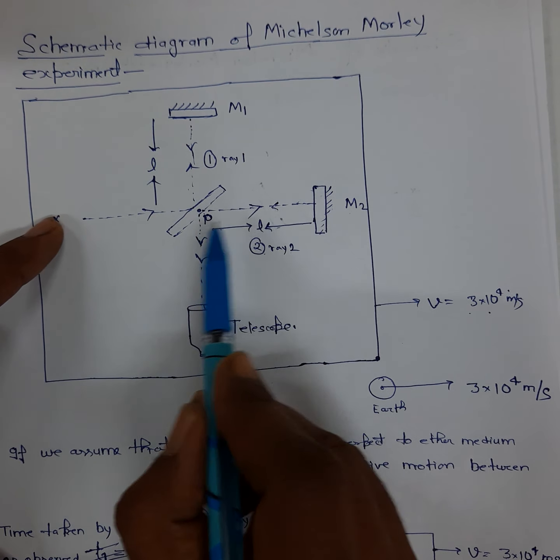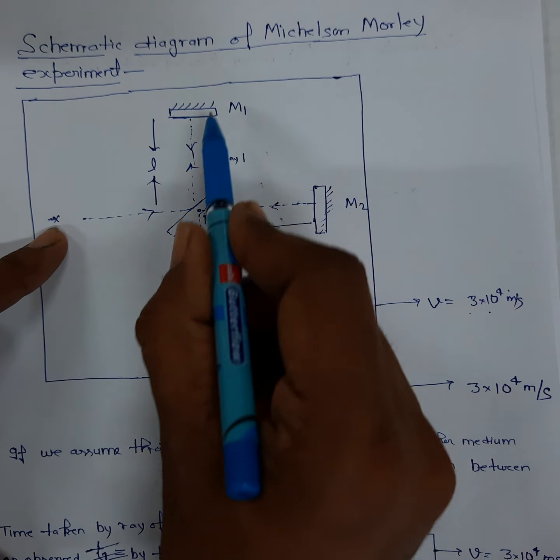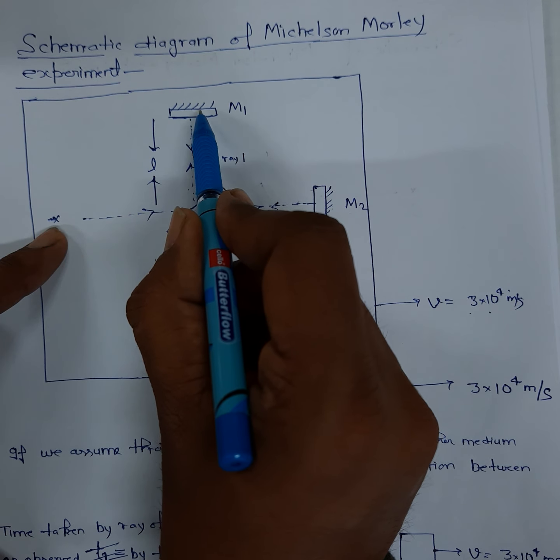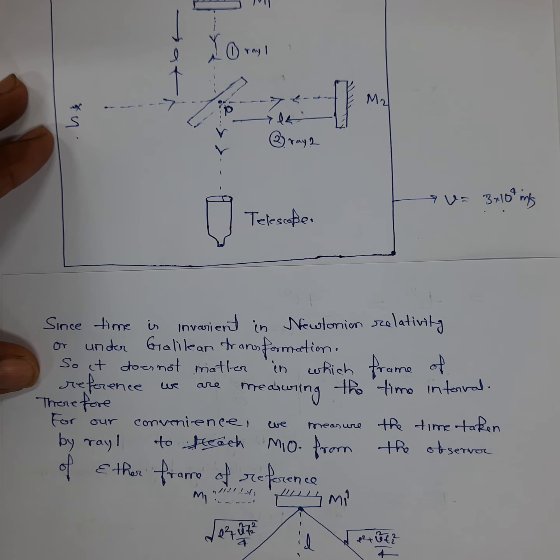But now we are interested in calculating the time taken by the ray to reach from P to M1 and from M1 to P. We know that time is invariant in Newtonian relativity, and it is also invariant under Galilean transformation. So it does not matter in which frame of reference we are measuring the time interval.